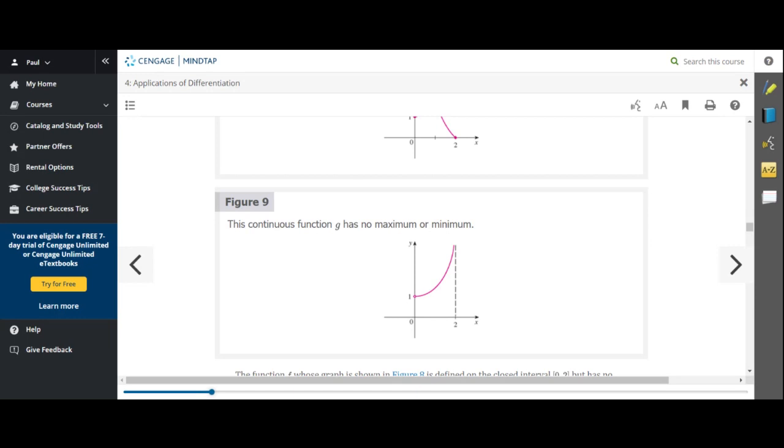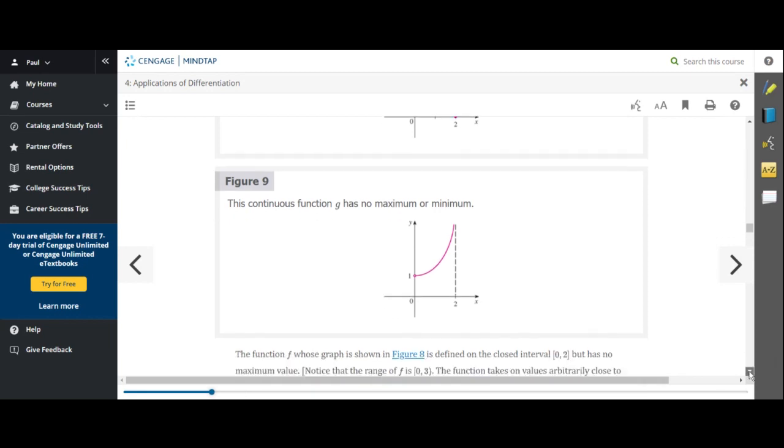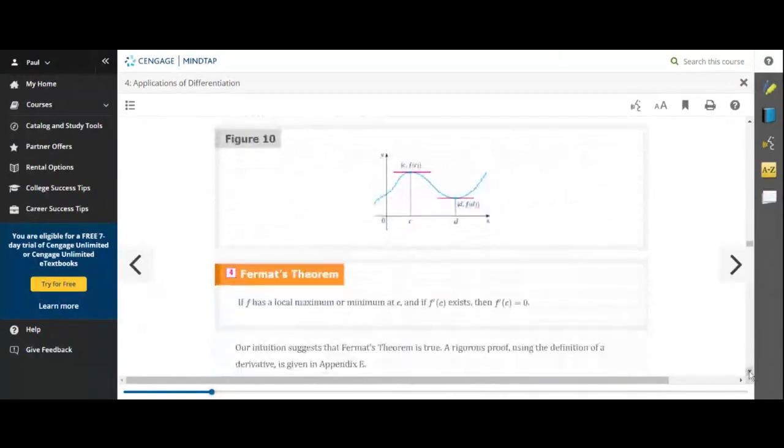The function is not continuous on 0, 2. It's not continuous because at x equals 2, the function's not defined there. So these are just some examples, and hopefully it's fairly intuitive.